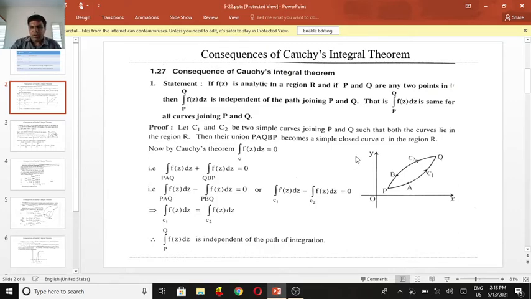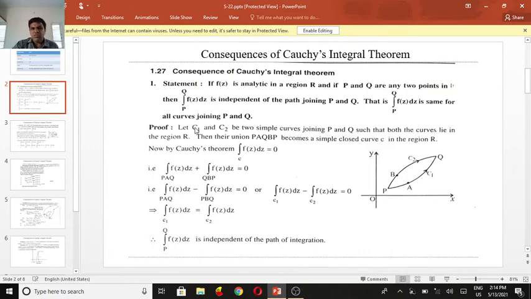First, we take a curve in the xy plane. If we take points P and Q, the curve joining P to Q I call C1, and another curve from P to Q I call C2. So these are two curves, PAQ and PBQ. The direction is important here.